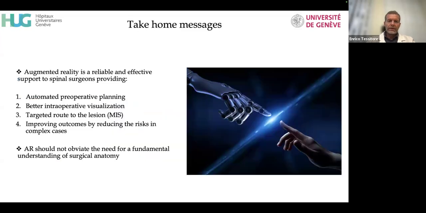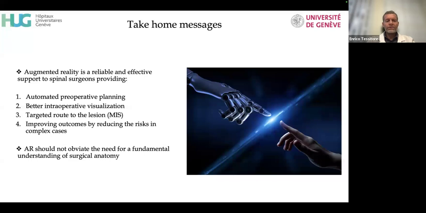procedures. So the take-home message is that augmented reality is a reliable and effective support to spinal surgeons, providing automated preoperative planning, better intraoperative visualization, and a targeted route to the lesion, and this is extremely valuable in the setup of a minimally invasive concept.